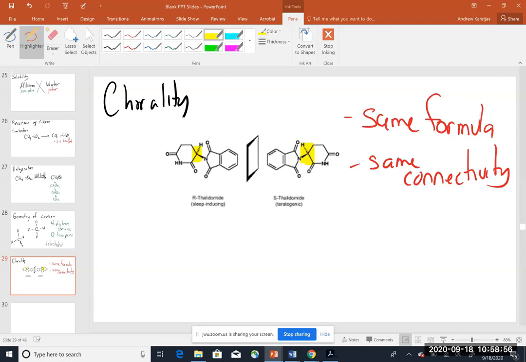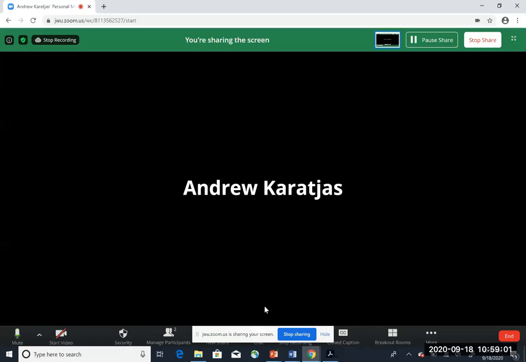But before we come back and talk about this molecule again, let's look at a couple of much simpler molecules. So this is the model that I just showed you. And this you can see is a similar molecule.